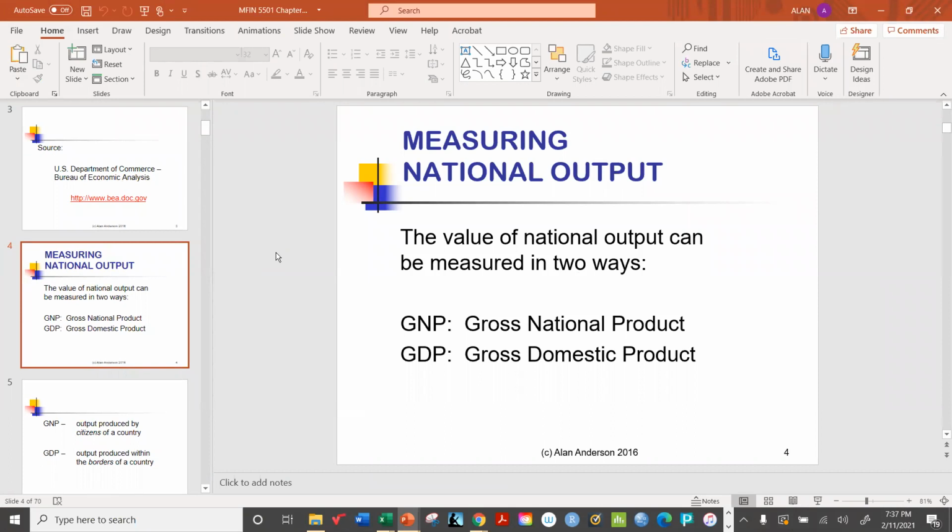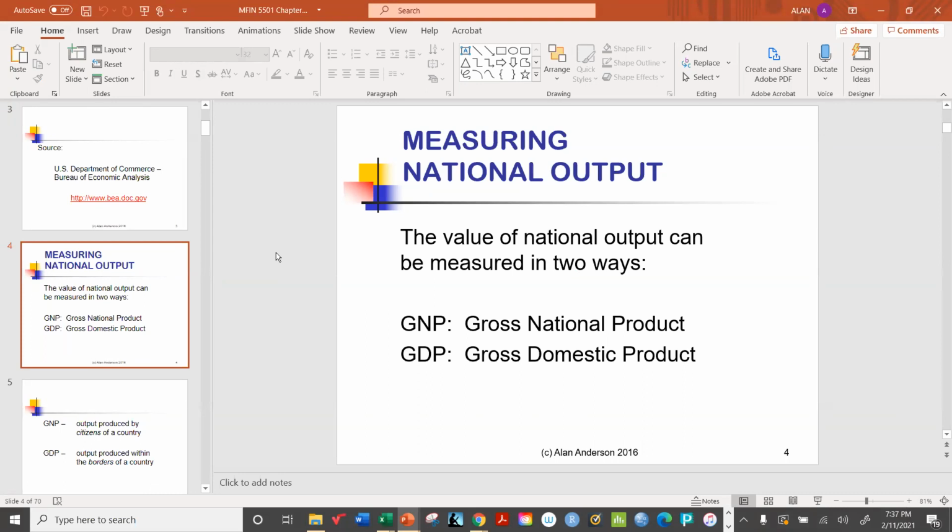Now, here's one of the quirky things about this book. Most books at this point in time always talk about gross domestic product. This book, for whatever reason, is still sticking with gross national product. So we're going to see throughout the course how these two are different from each other. For the United States, these two are very, very close to each other.